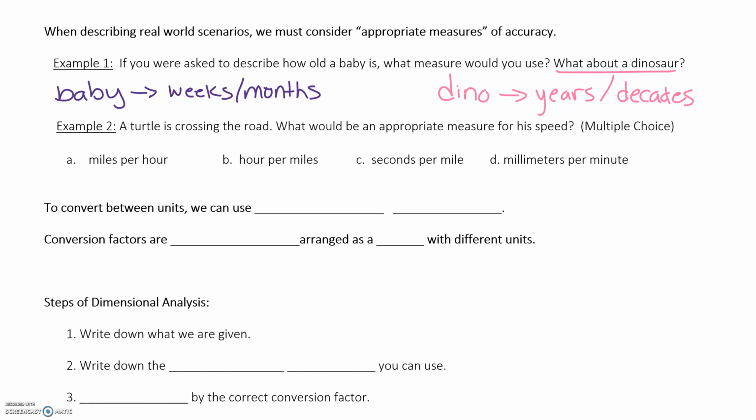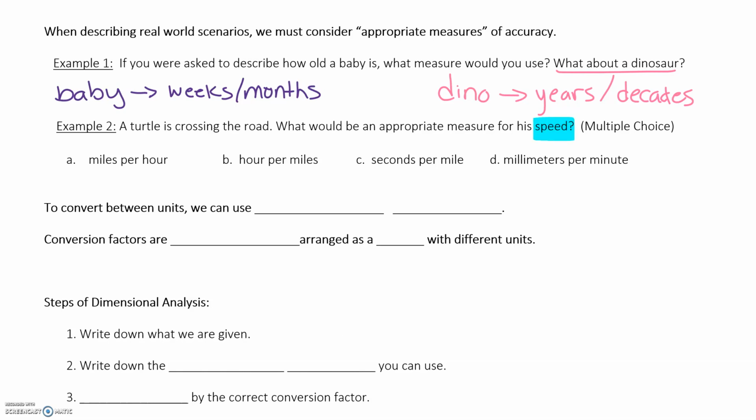All right, what about example 2? A turtle is crossing the road. Stop for a second. Think about a turtle crossing a road. Do they walk fast or are they pretty slow? So what would be an appropriate measure for his speed? Now, there's one really, really important word right here, and it's this: speed.